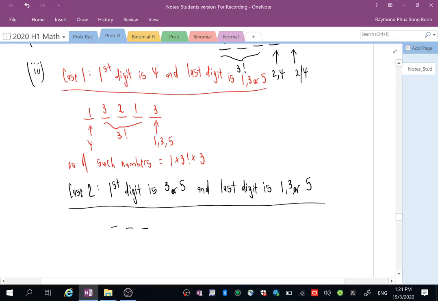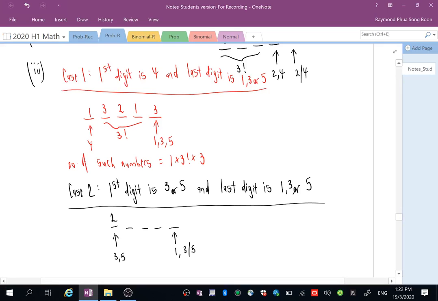Okay, so now let's look at this. There's a bit of overlap now. So if my first digit is 3 or 5, I have 2 choices. My last digit can be 1, or it can be 3 or 5.